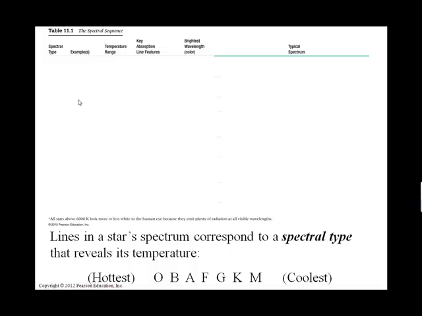And these down here, the O type, B type, A type, F type, G type, K type, and M type, those 7 types, you're going to want to familiarize yourself with. Notice the O is the hottest type of star, the M is the coolest type of star, and our sun is a G type star.